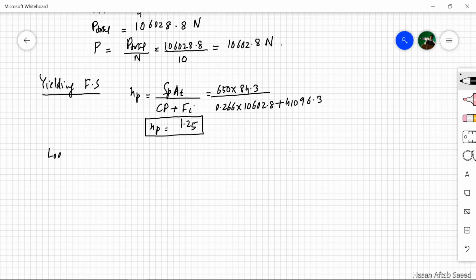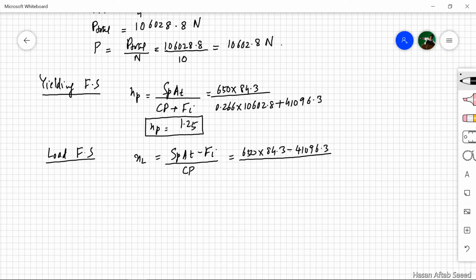Now we take up the load factor of safety, or the load factor, and that is NL equals SPAT minus Fi over CP. These are just the formulas that we saw earlier. 650 into 84.3 minus, in this case, 41096.3 over 0.266 into 10602.8, and NL turns out to be 4.86.